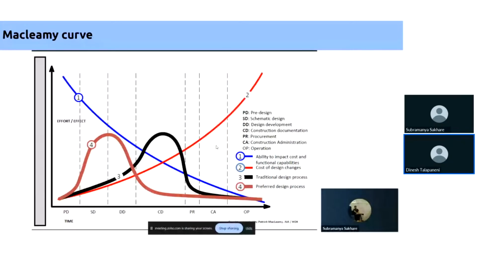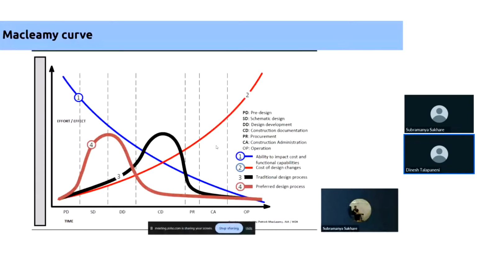So what we're trying to do, by bringing in the BIM workflow, is shift what is happening in the DD and construction stage to the schematic and design development stage. Here, the graph row is basically the BIM workflow, where we develop the 3D models in that stage, resolve all the clashes between the multiple disciplines, and then take the drawings to the construction documentation stage for execution.